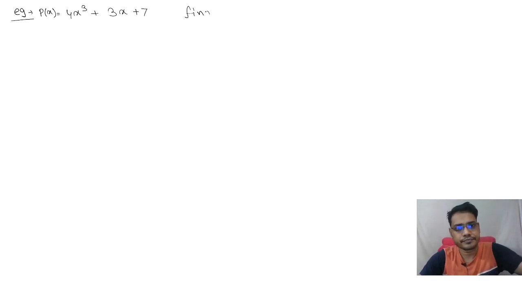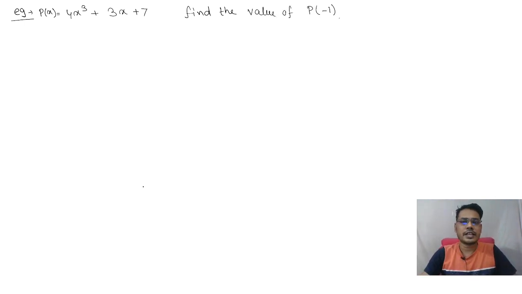Next example, p(x) is equal to 4x cubed plus 3x plus 7. Now find the value of p(-1). That means the value of x is minus 1. Let's check p(-1).